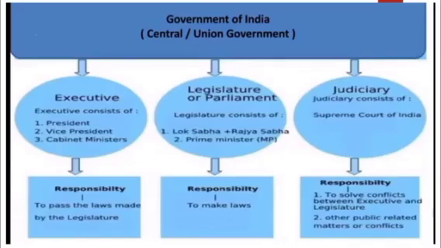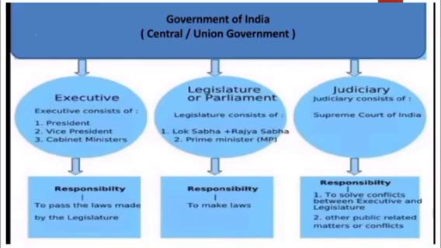The Government of India, central or union government, is classified into three. The first one is the executive, the second one is the legislature or parliament, and the third one is the judiciary.